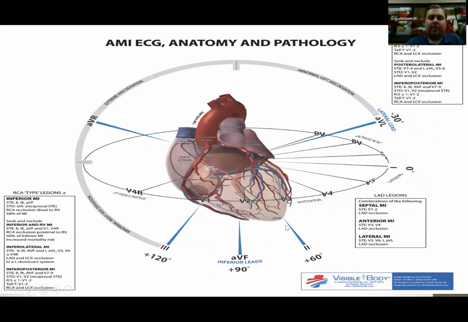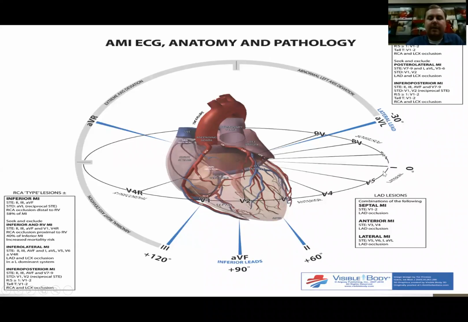Lead 2 is almost pointing perfectly at the apex of the heart, but that's normally still perfused out here by the right coronary artery. And then what we don't use for axis determination, but still a really good idea to have memorized where they're exactly sitting: V1 and V2 are looking at the septum. V3, V4 looking at the anterior part of the heart.